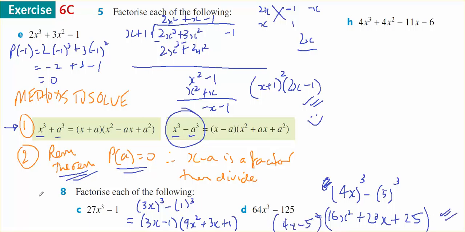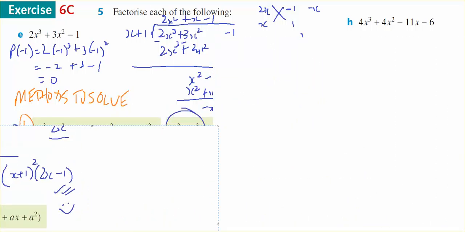So question 8 is where we can use the sum and difference of cubes rule. Now I've left 5h because it's a little bit more work to do, so I'll give myself some space for 5h.